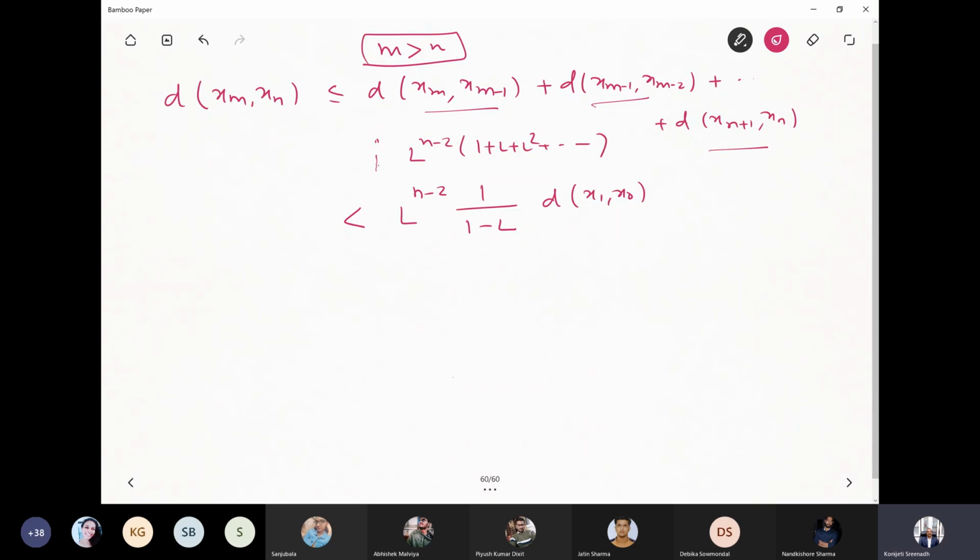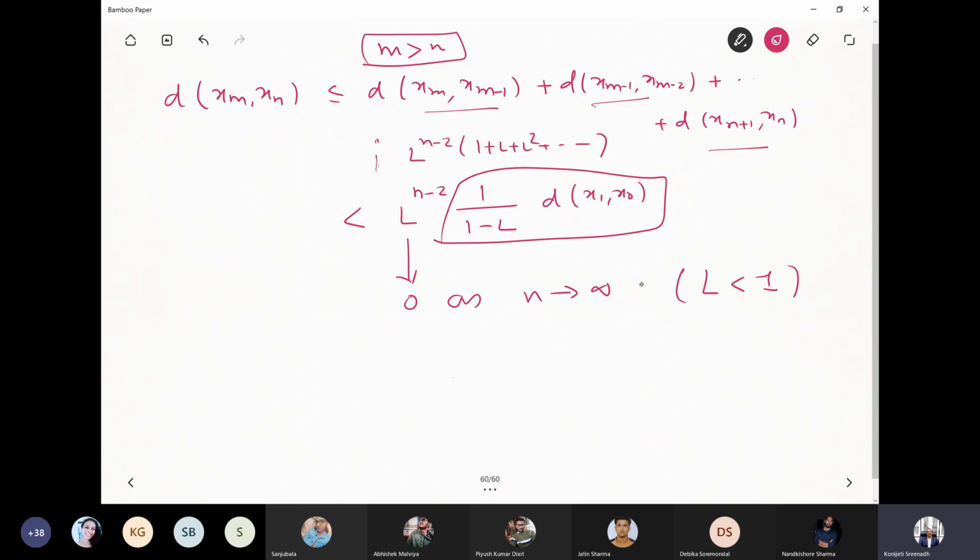Since L is less than 1, the geometric series converges, and therefore we have this. And you see that this is now a fixed constant, and this is something which goes to 0 as n tends to infinity, because L is strictly less than 1. So you see the importance of L being strictly less than 1.